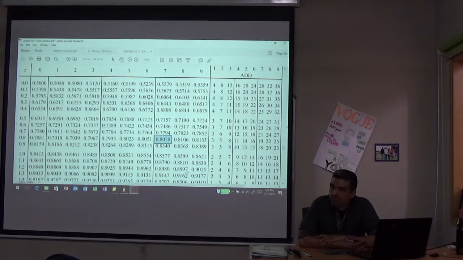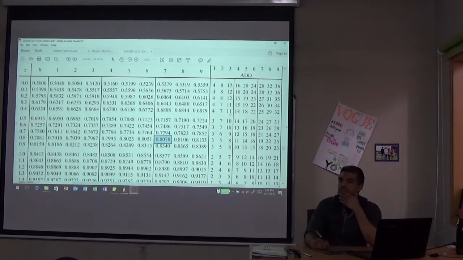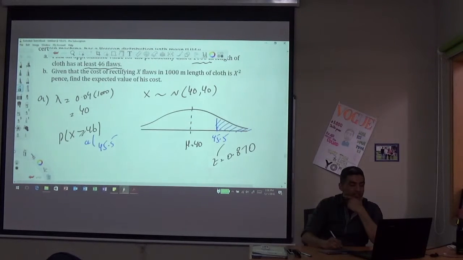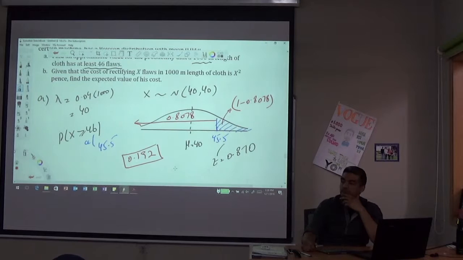Can you all see that? So this area is 0.8078, and our area will be 1 minus 0.8078, which is 0.192. That's the answer for part A.